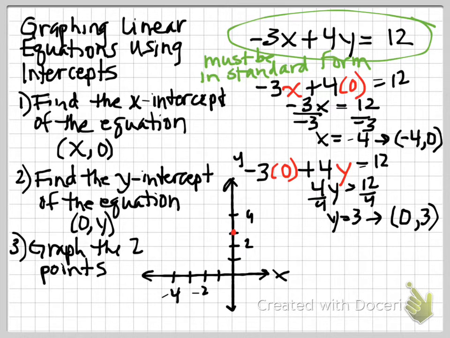There's my y-intercept. And at negative 4, 0. There's my x-intercept. And I connect them up. Okay. Now I'm going to actually pause right here, and we're going to have to deal with horizontal and vertical lines tomorrow. Okay, I'm going to probably have you guys explore it on the homework though.